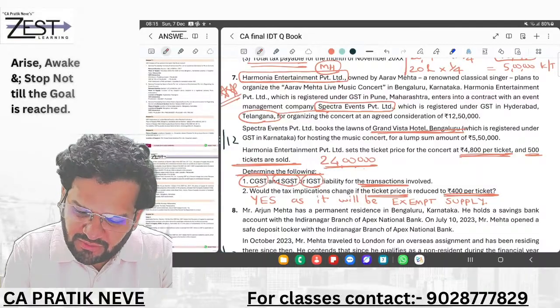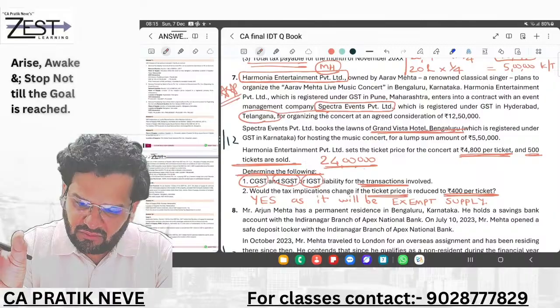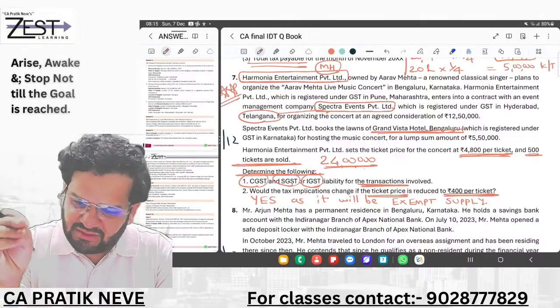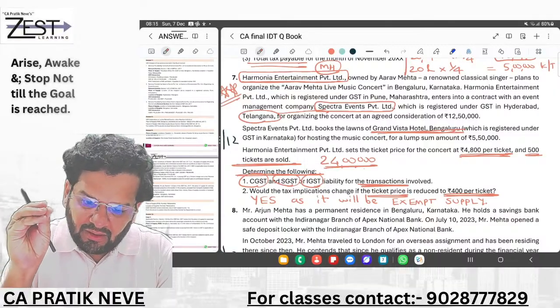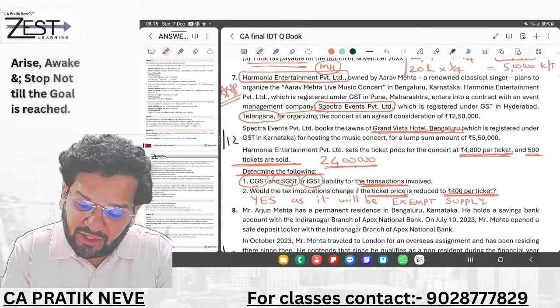So, the first transaction: Harmonia Entertainment Private Limited plans to organize this event and enters into a contract with an event management company.